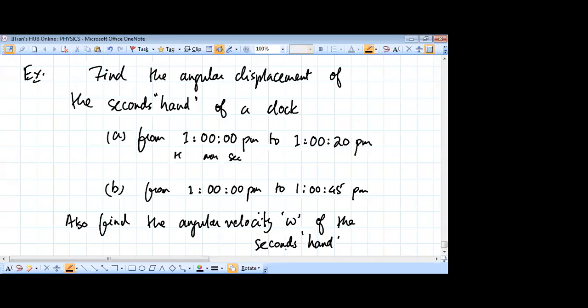So anybody got the answer? Bhagyashree, you have given the answer in degrees. Okay, your answer is correct, but it's in degrees, so you have to convert it to radians. I have asked for this in radians.